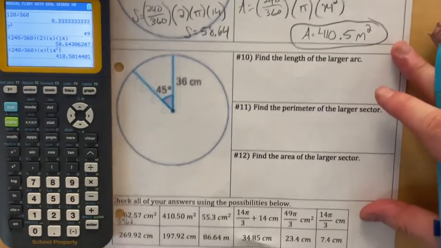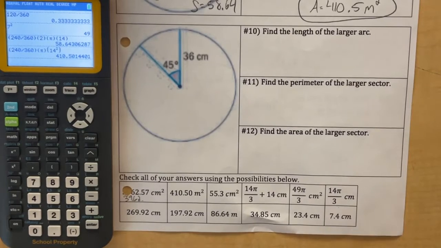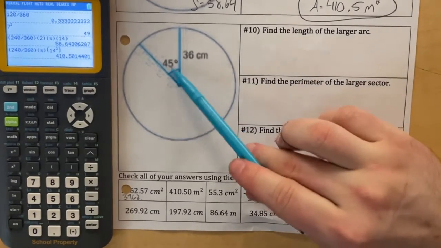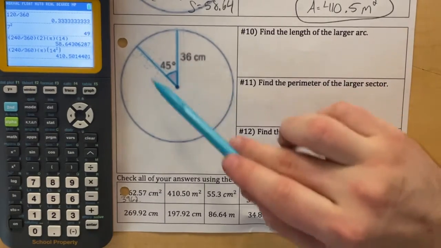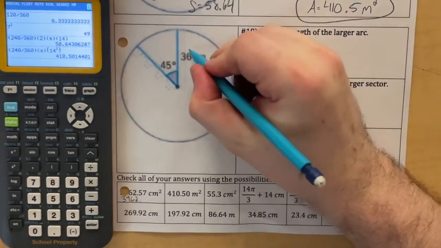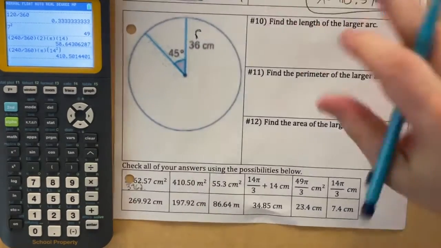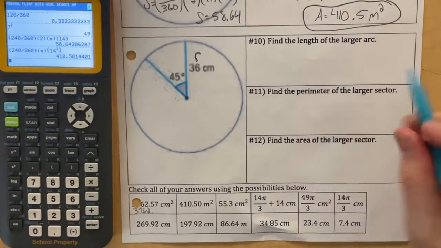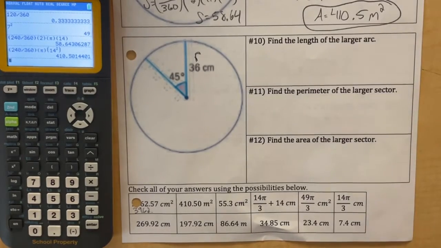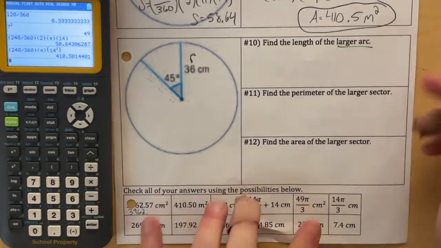All right, so now in this last section, a little bit trickier because it's asking for the larger arc length. When you look at this picture, it gives us an angle of 45 degrees, and we know that the radius is 36. But make sure you're reading that question carefully. It's asking for the arc length of the larger arc.